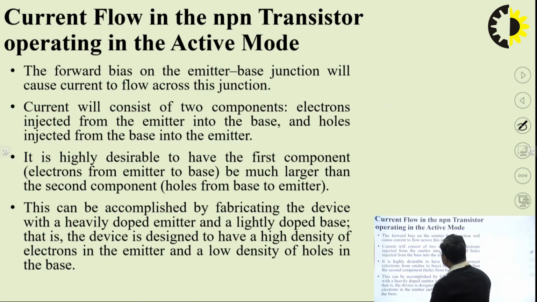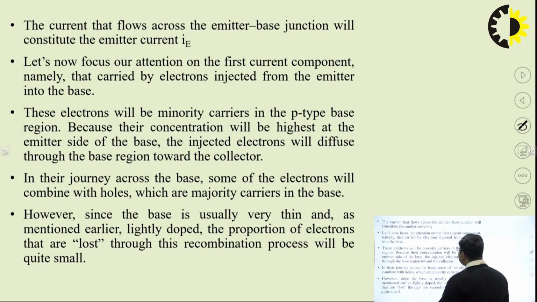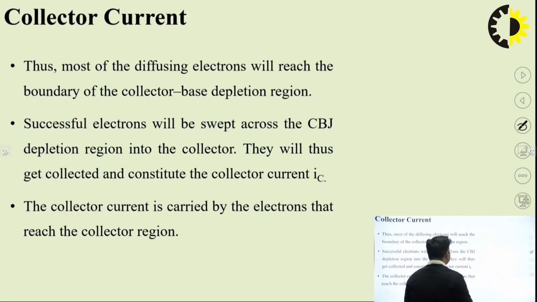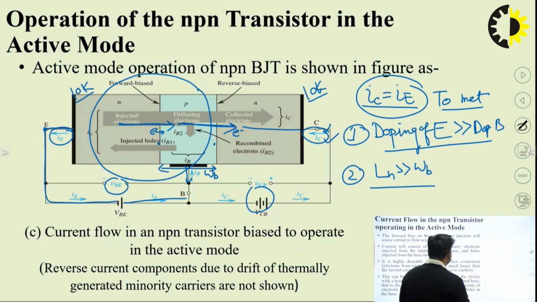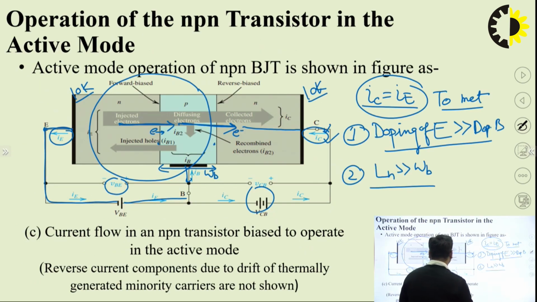The forward bias on the emitter base junction will cause a current flow, and this current flow will depend upon the number of carriers collected. What will be the current value? This IC will depend on the number of electrons injected.